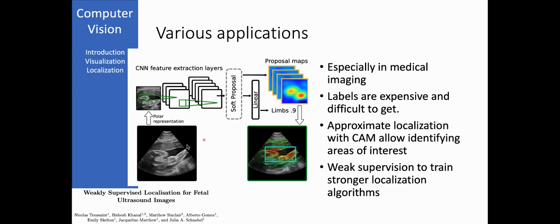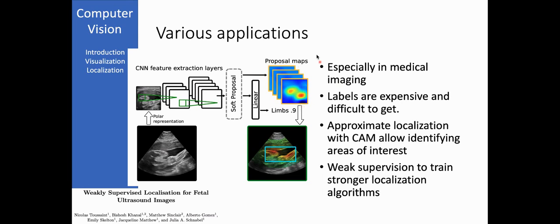For example, in this work from a friend of mine, Nicolas Toussaint, they tried to create a network that understands an ultrasound image taken prenatally. So the network decides what they see in the image, and they use class activation maps.